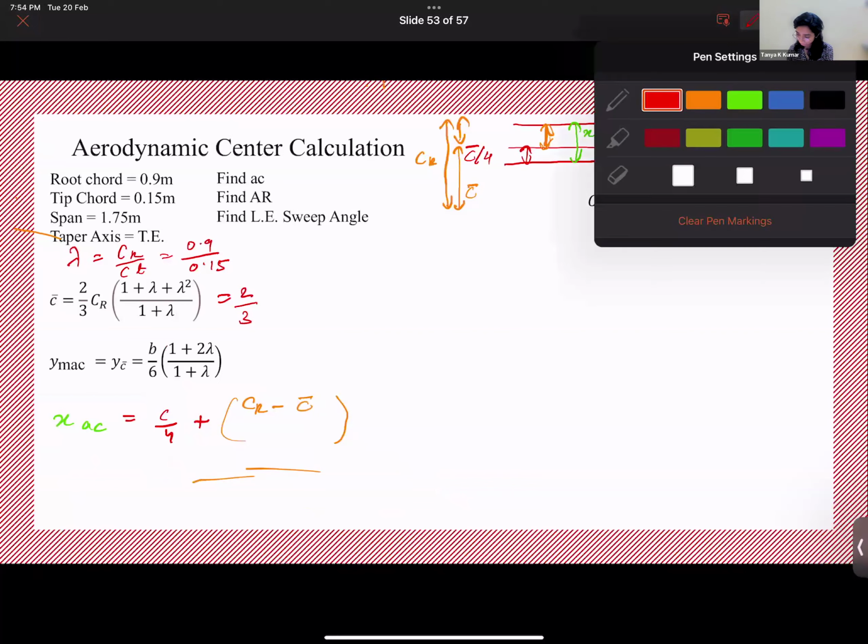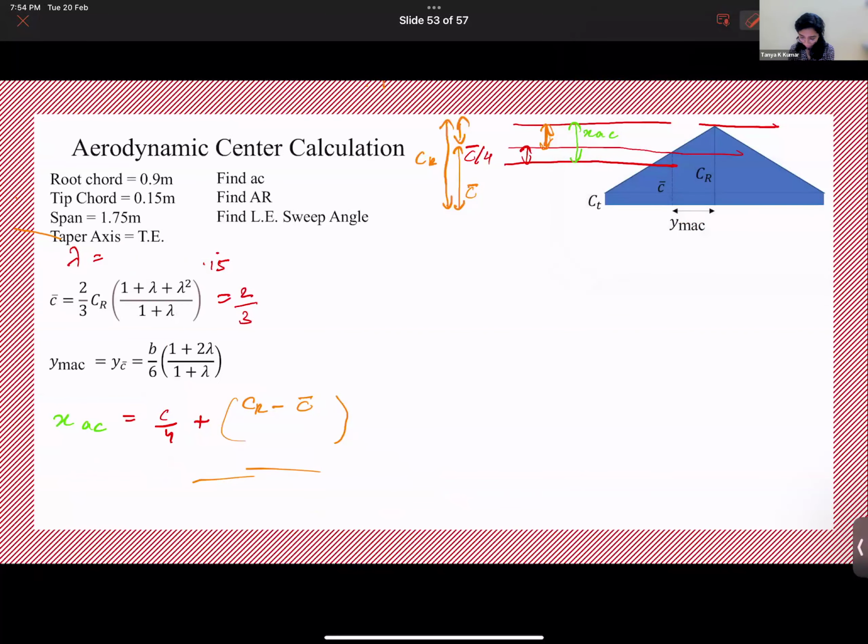Let me just erase this. So it is CT by CR, that is 0.15 by 0.9. What is this value? 0.166. Is it? Okay. Just substitute the values and tell me what is C bar.